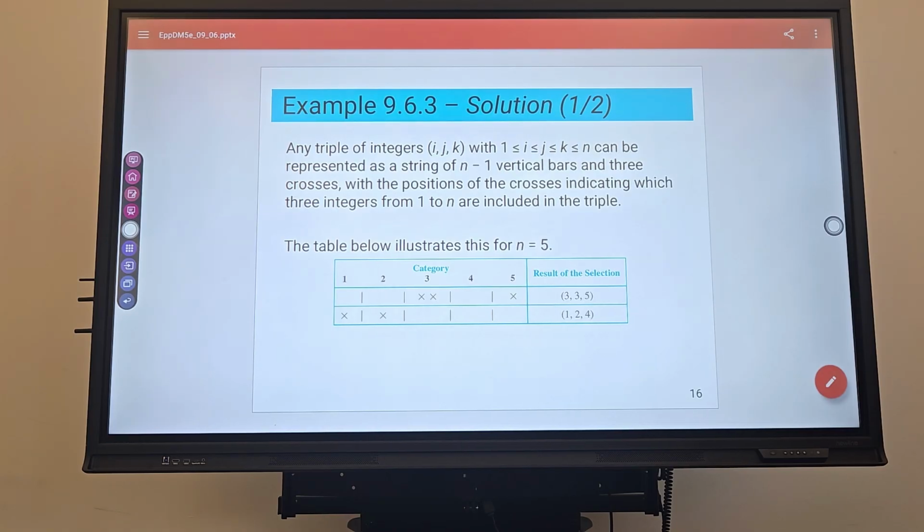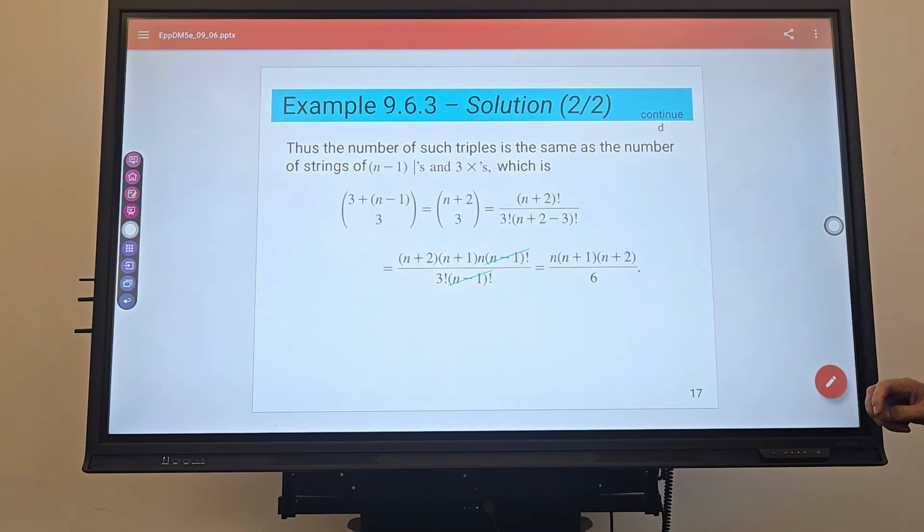How many triples can be done for that? Thus, the number of such triples is the same number as strings of n minus 1 vertical bars and 3 x's, which is 3 plus n minus 1 choose 3, or n plus 2 choose 3, which is n times n plus 1 times n plus 2 all over 6.